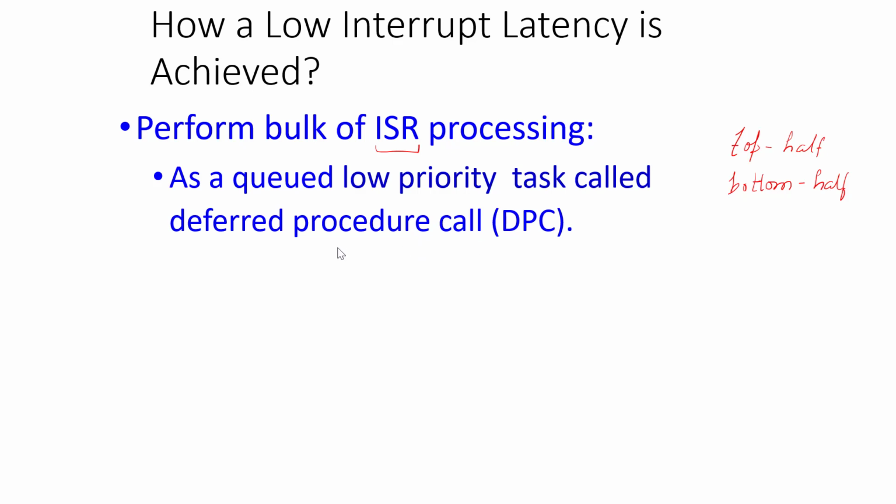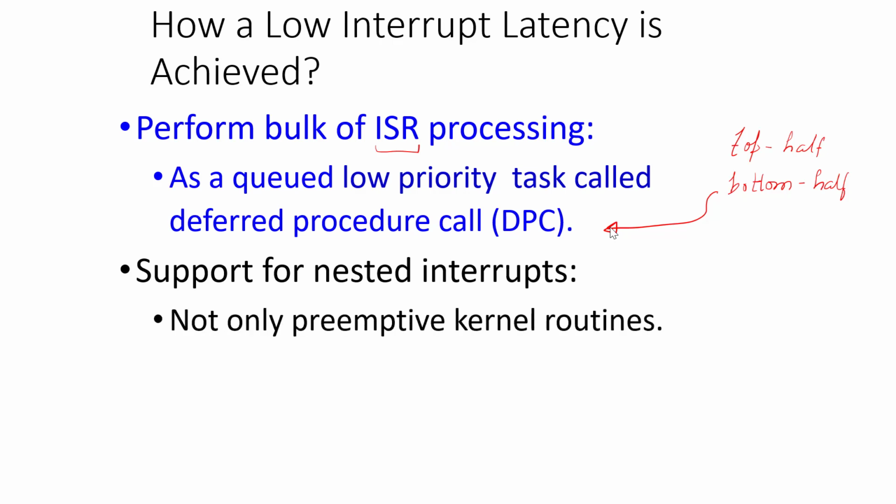Then there is a separate queue called a deferred procedure call or a DPC queue. There we schedule the bulk of the interrupt processing, which is the bottom half, which runs later. And at that point of time, the bulk of the work happens. But of course, this will happen with its own priority, which is different. So this may not have a real-time priority, again depending upon the interrupt.